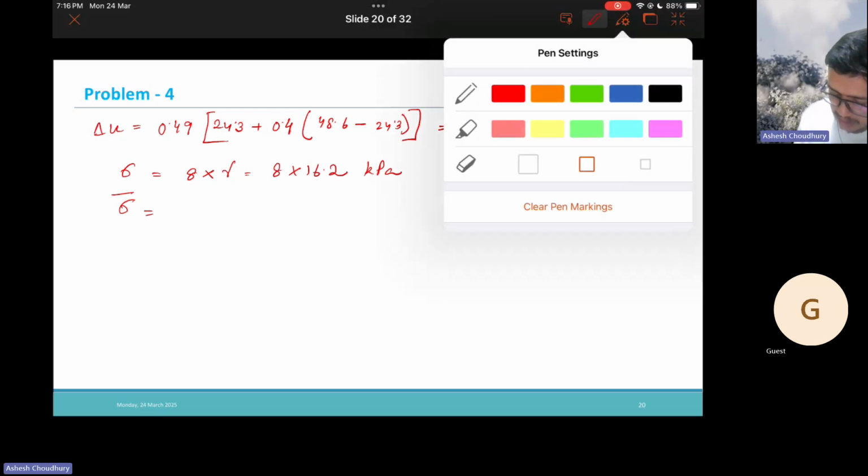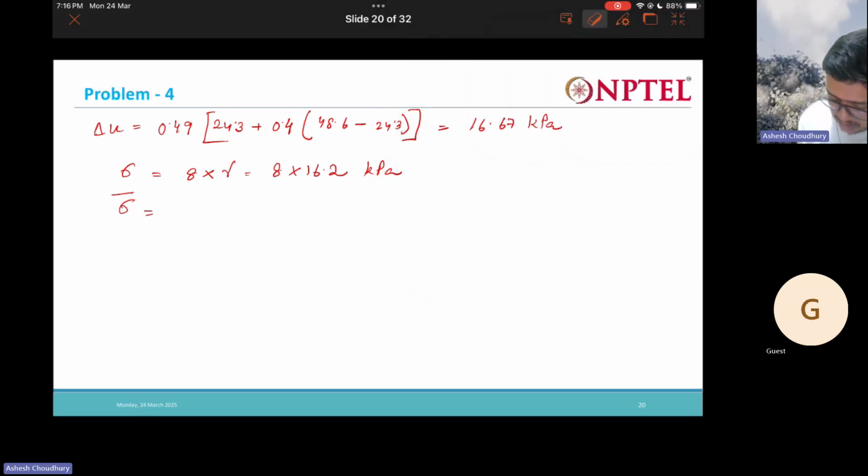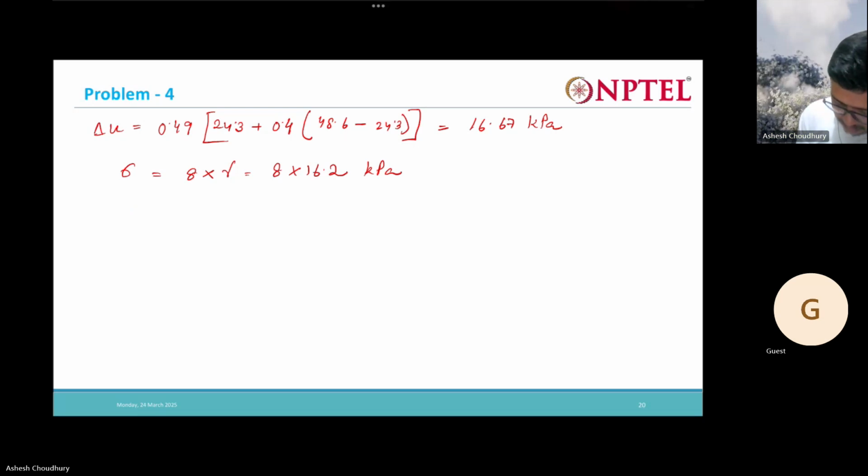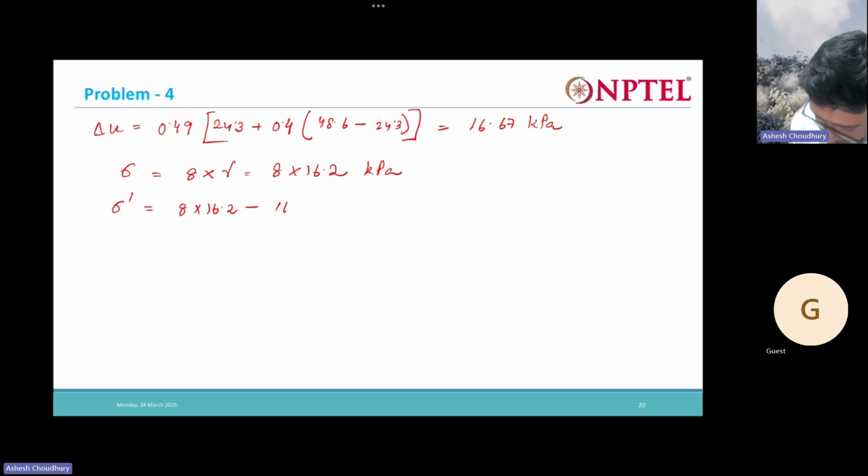Let me write it as sigma bar. It is 8 into 16.2 minus the pore water pressure, that is 16.67. This is delta U. That will give me the effective value.